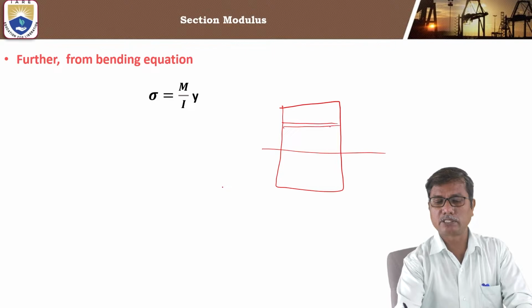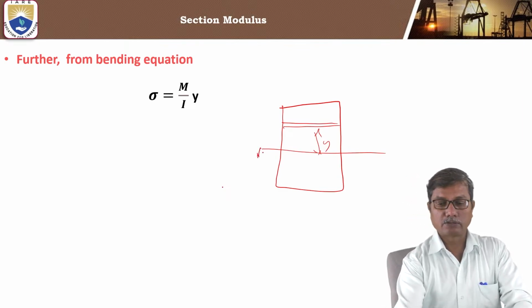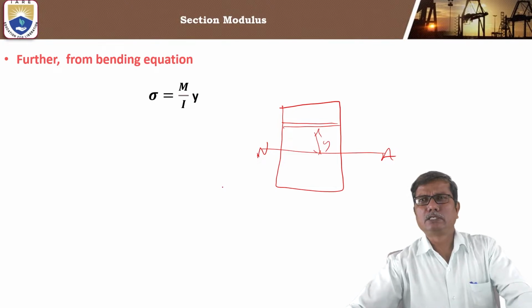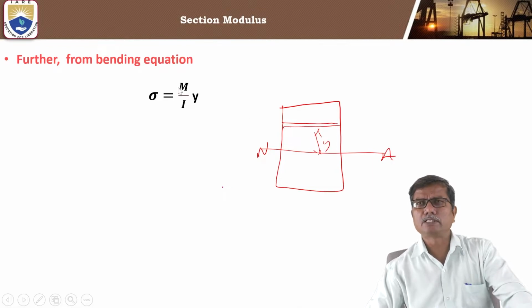If you consider a layer here at a distance y from the neutral layer, the stress in that fiber is given as M by I into y.